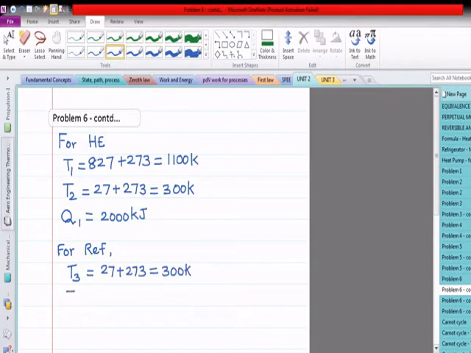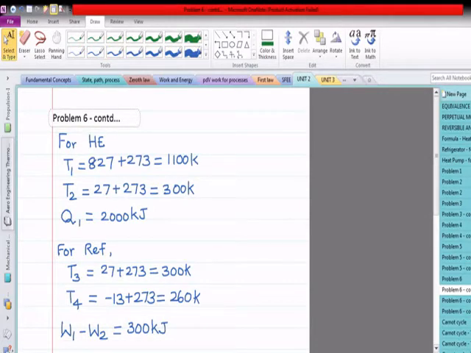The cold reservoir temperature is taken as T4, minus 13 degrees plus 273, equal to 260 Kelvin. In addition to these data, they have given the net work available, which we have taken as W1 minus W2, that is given as 300 kilojoule. So we have written all the data given in this problem.